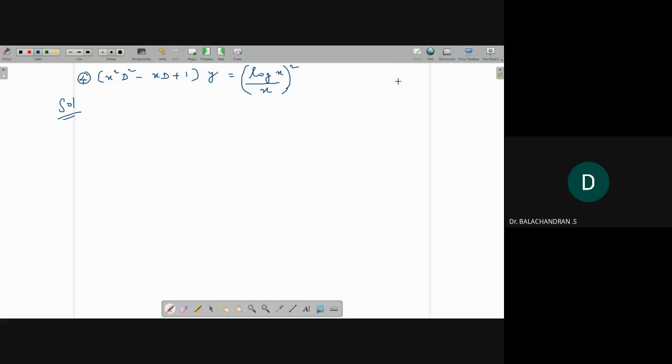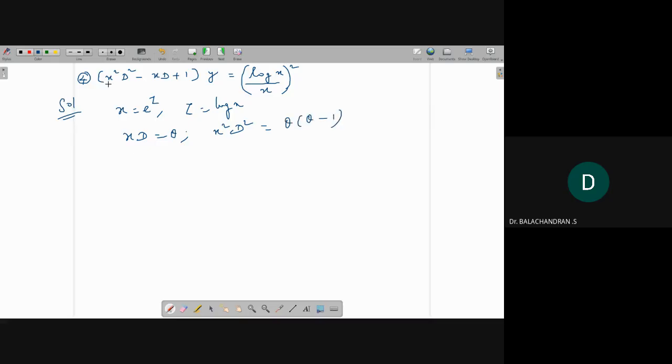I will first do the substitution: x is equal to e power z, and z equal to log x. So xD equal to theta, x square D square equal to theta into theta minus 1.